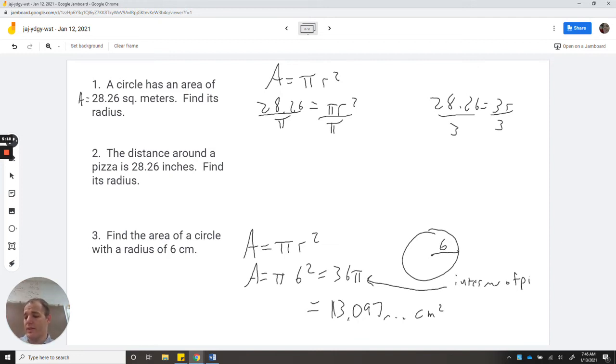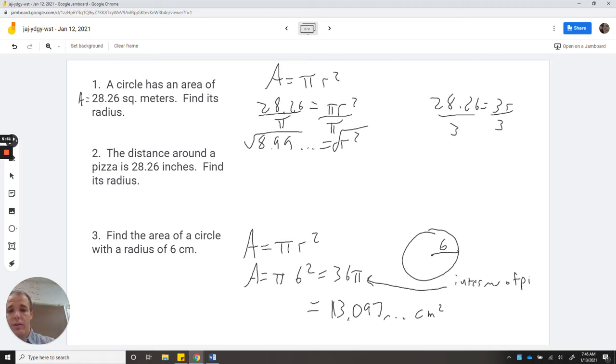Okay, I'm going to use my calculator. 28.26 divided by, I use the pi button, and I get 8.99, and there's more numbers after that I don't want to write. And that is equal to r squared. How do I get rid of the square? I take the square root of both sides. I'm going to take my answer here and take the square root.